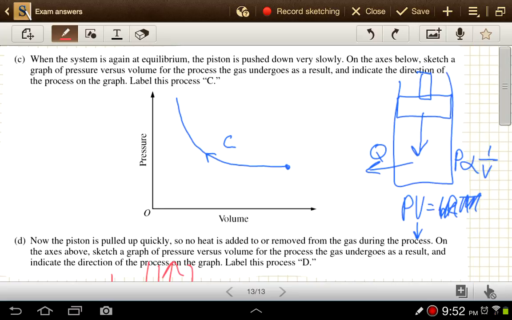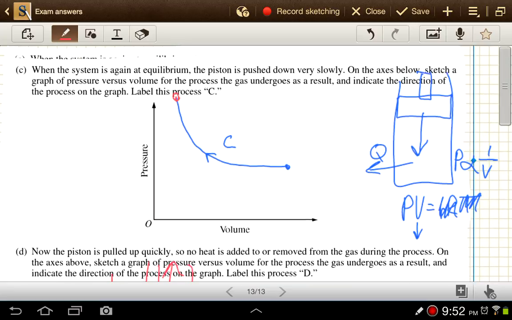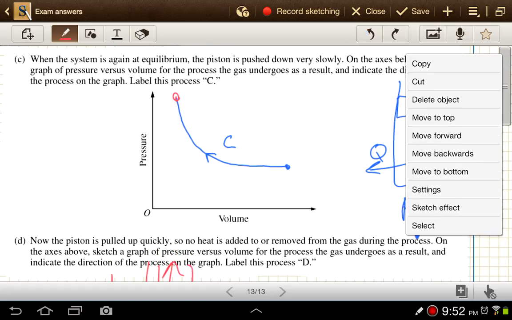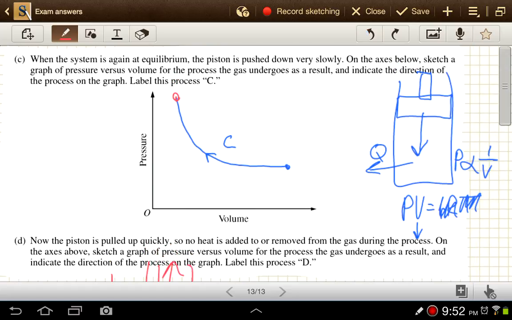So we start it right there, and we have that curve again, but it's going to be a steeper curve, something like this. And maybe it extends back to the original volume. Maybe it goes back to the same position of the piston as it was originally. That information isn't given to us.